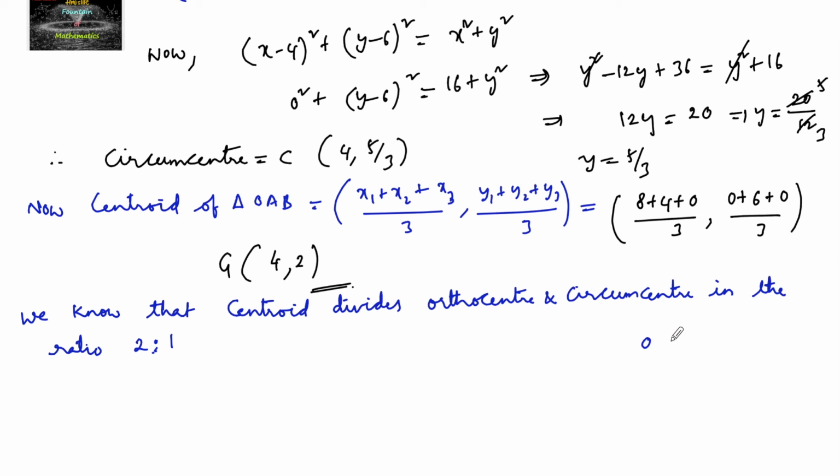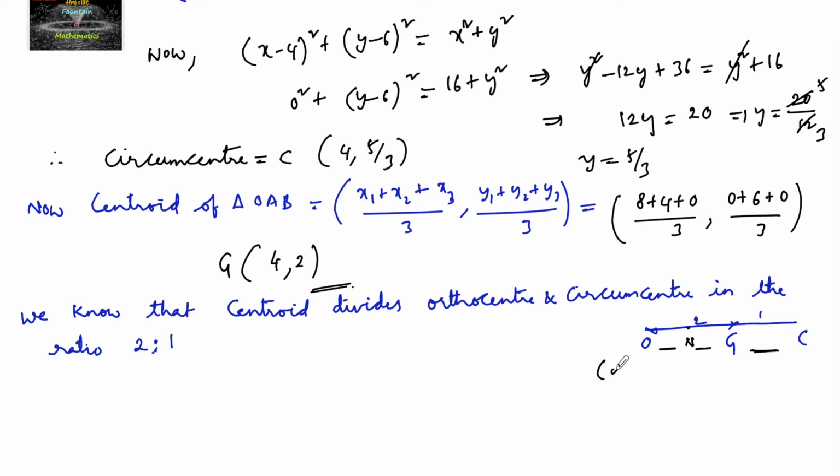That is, if O is the orthocenter, G is the centroid and C is the circumcenter, the centroid divides the orthocenter and circumcenter in 2:1 ratio. For a shortcut, you can remember O-G-C: O to G is two parts, and G to C is one part, so 2:1 ratio. Okay. Now let us find this orthocenter by using this.